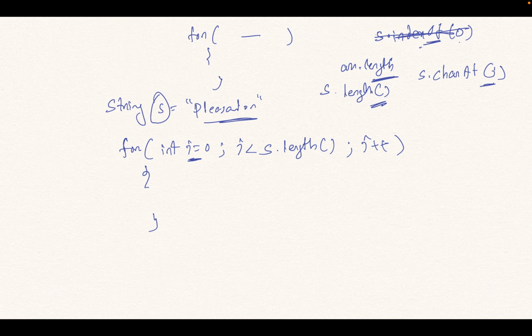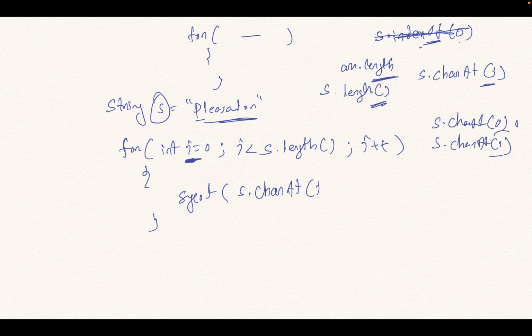So for s, "pleasanton", s dot charAt 0 will be p. s dot charAt 1 is l. Now I know I can iterate 1, 2, it is increasing, so that is based on i only. To display, System.out.println s dot charAt i.